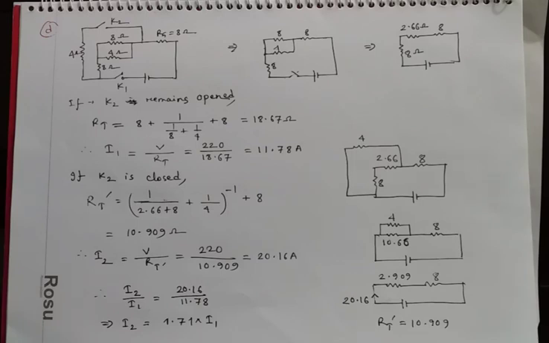So this is the solution of the given question, and if you practice this type of question, you will be able to solve all types of problems related to different chapters.